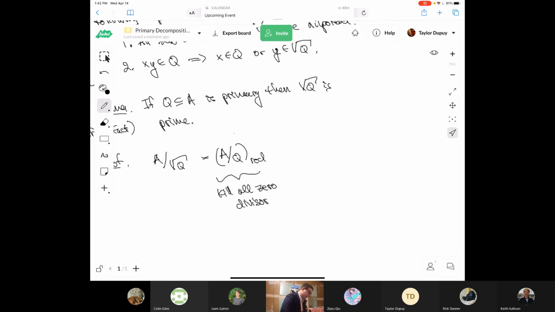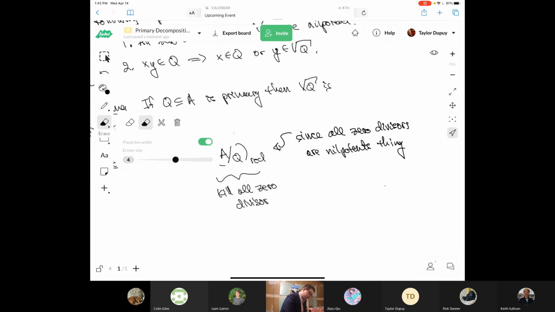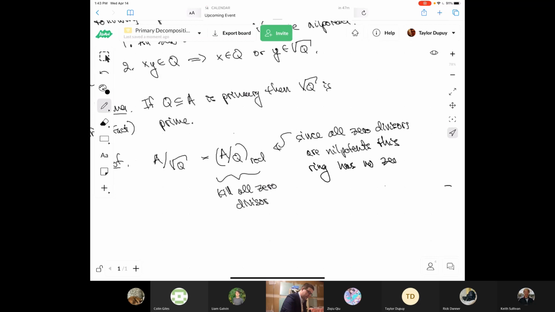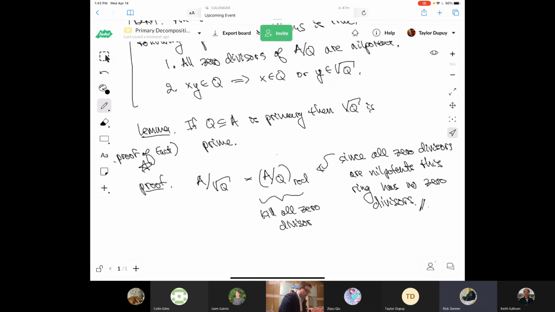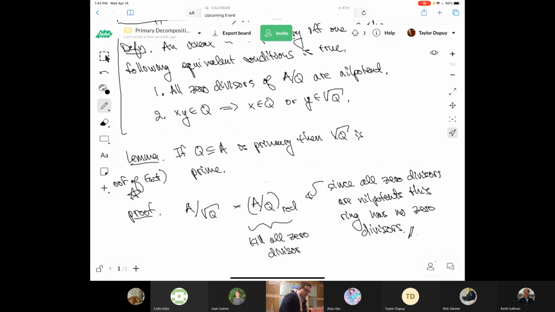But since all zero divisors are nilpotent, this ring has no zero divisors. Wait, was that an assumption? All zero divisors are nilpotent, or is that just a fact? That's what it means to be primary. Okay, right. That's the definition, and it's equivalent to this thing.